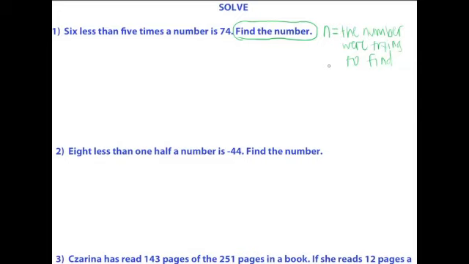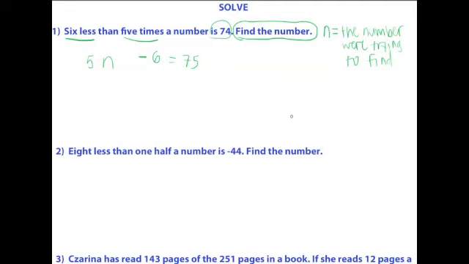Okay, so what do we know about this number? We know that this number is 6 less than 5 times a number. So 5 times a number is 5n, and that equals 74. So I have 6 less than 5 times a number is 74.